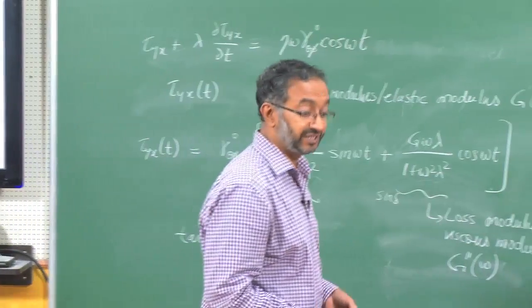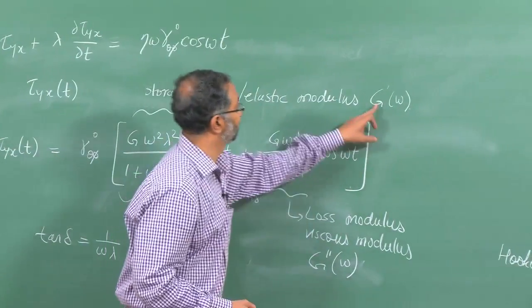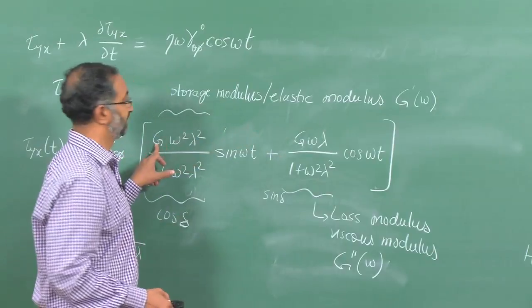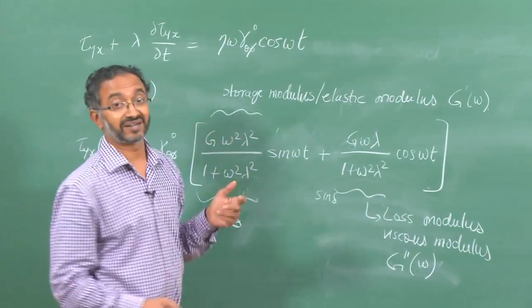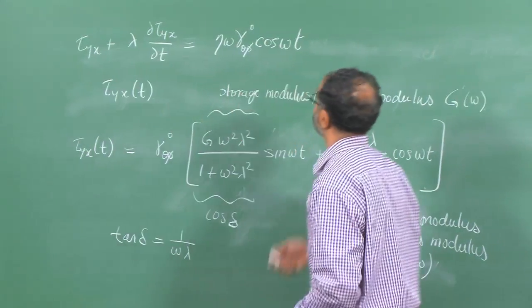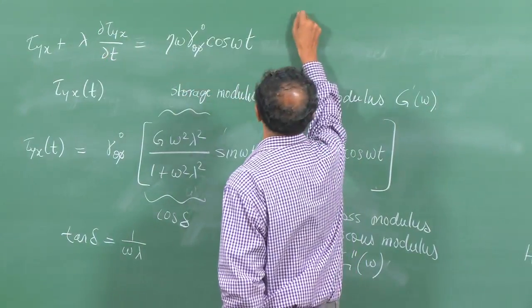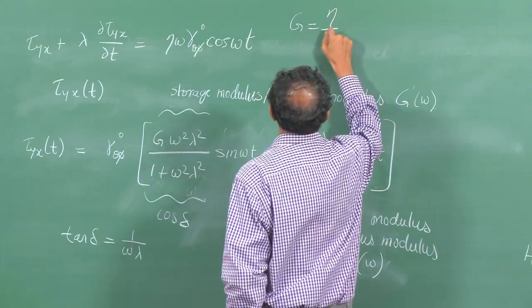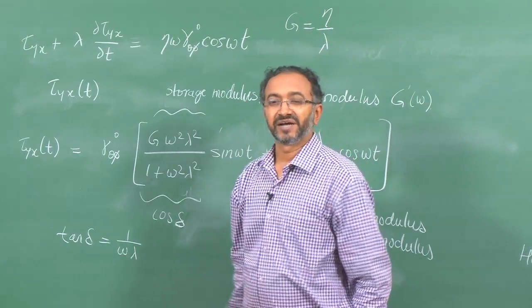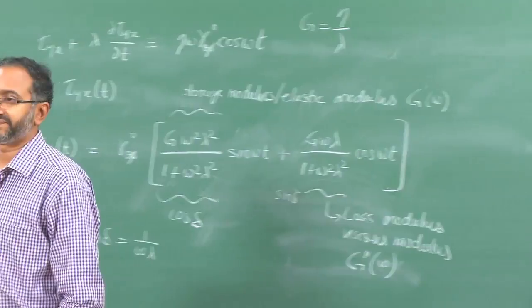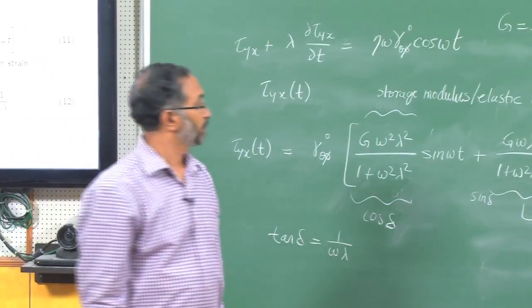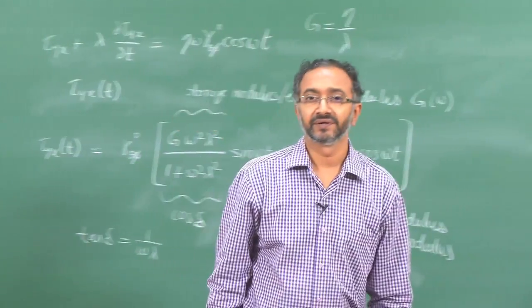Why are we using G? Are you asking what is this G or what is this G? That G is eta by lambda, our Maxwell model parameter. We can express it in terms of eta and lambda. Is it a dimensionless term?